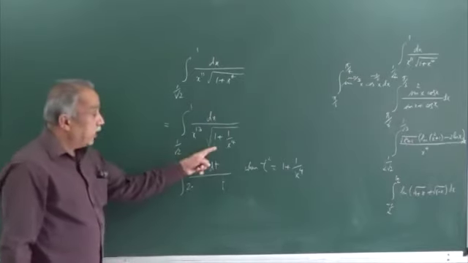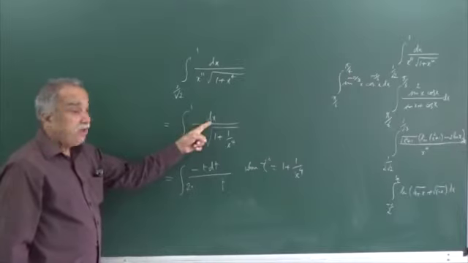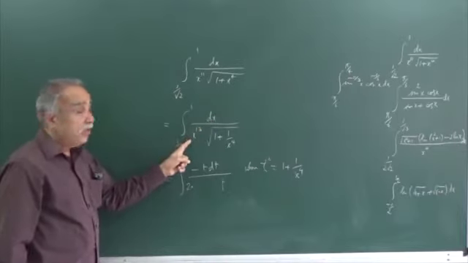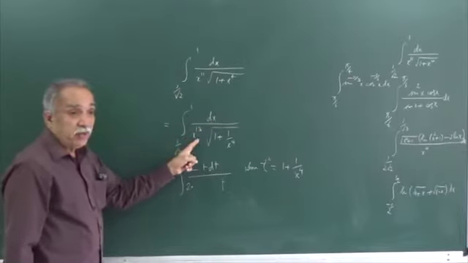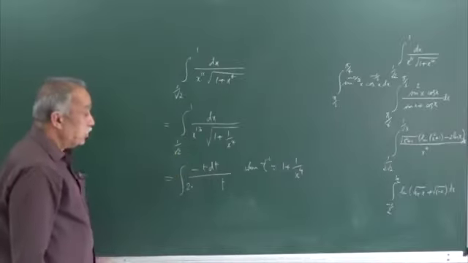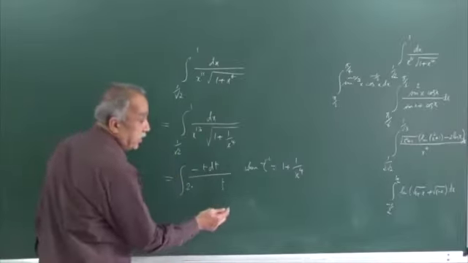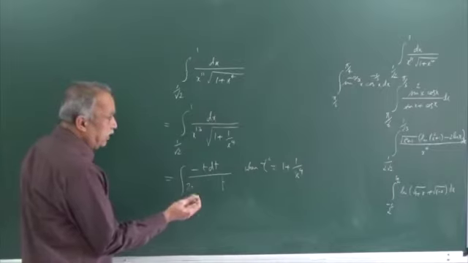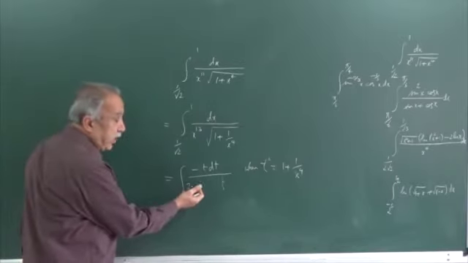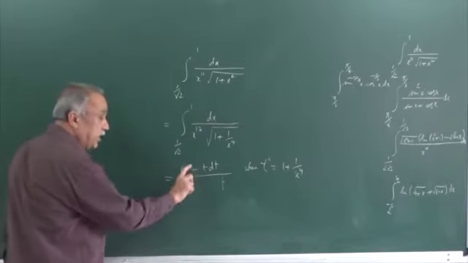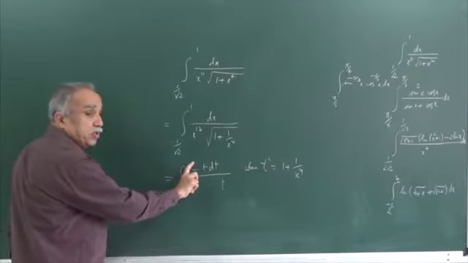You have taken care of dx by x to the power 5. Remaining is x to the power 8. I can treat it as a factor of the denominator, as 1 by x to the power 8.